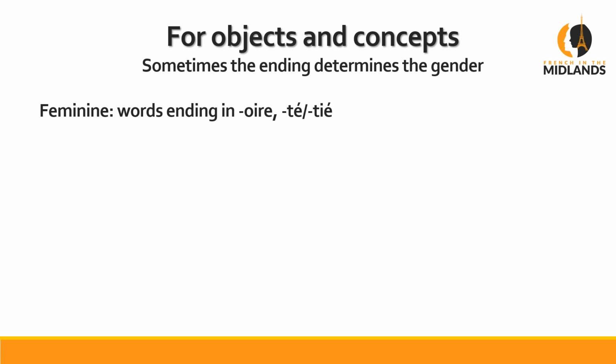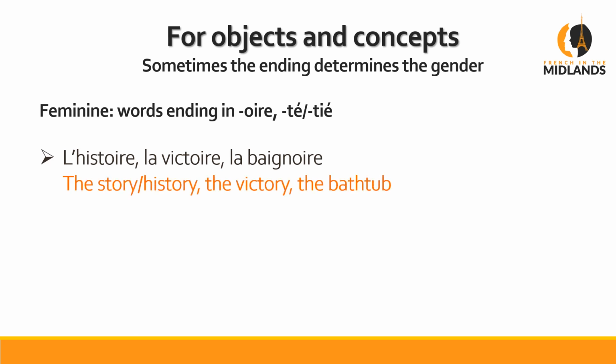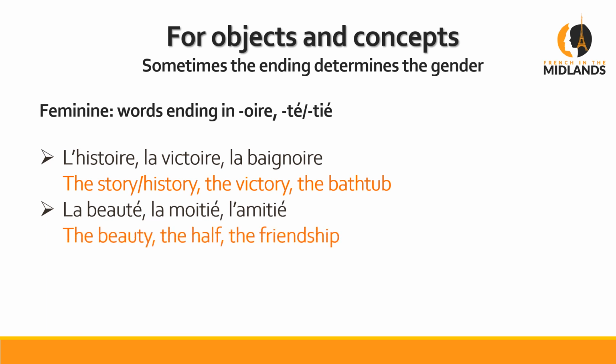OIRE, TE or TIE. OIRE, for instance, l'histoire, which means both the story or history. La victoire, the victory. La baignoire, the bathtub. TE or TIE would be la beauté, beauty. La moitié, the half. L'amitié, the friendship.